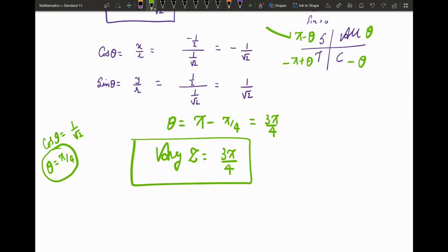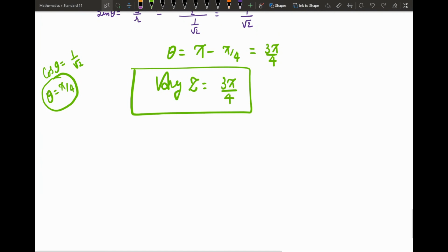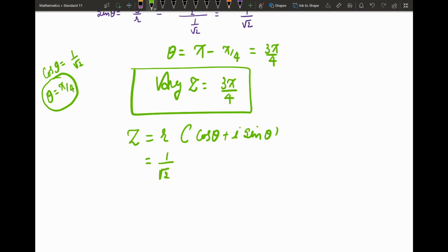At the same time, if we want to write the polar form, it is r into bracket cos theta plus i sin theta, with r the modulus 1 upon root 2: 1 upon root 2 into cos 3 pi by 4 plus i into sin 3 pi by 4.